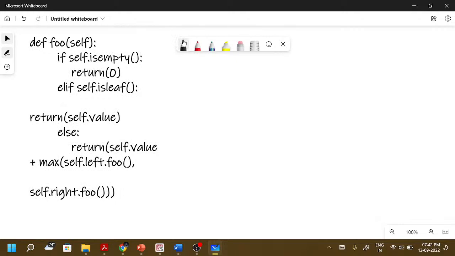So we have defined foo. If self is empty, we will return 0. So when there is no node, like if it is an empty tree, it will return 0.